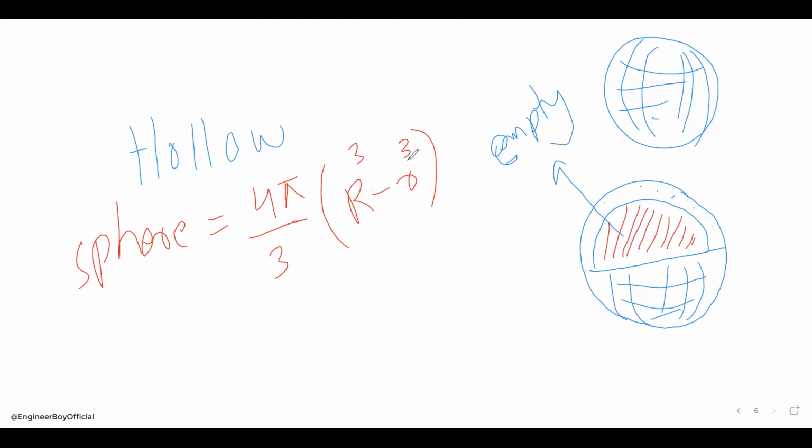Now the capital R is the radius for the external surface, and the small r is the radius for the internal, this one. Okay, it's simple. Any question?